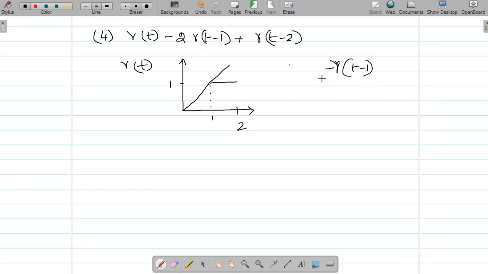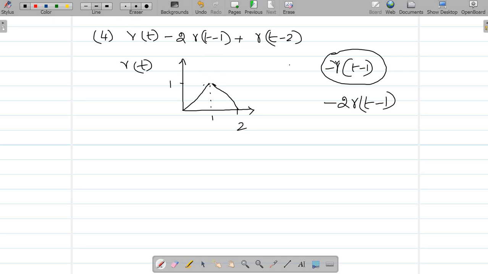If there had been a negative r of t minus 1, but what we are seeing here is negative 2 times r of t minus 1, so it again has to bend. A signal which was proceeding like this now bends like this, so you will end up having a signal something like this.